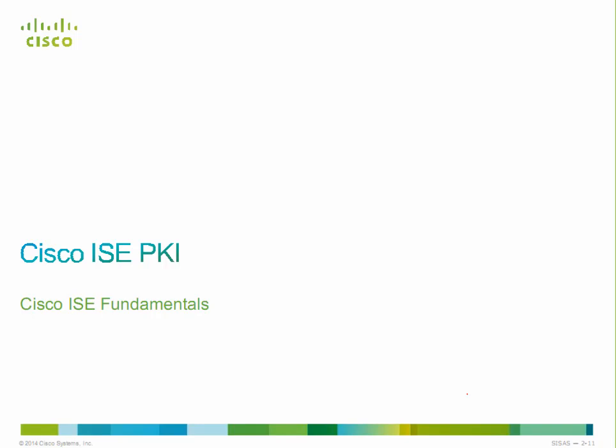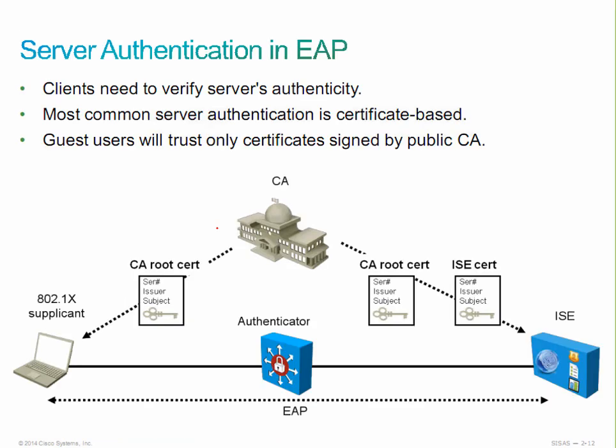We know that the Cisco ISE platform relies on what we call the public key infrastructure to provide secure communication. But what is that secure communication used for? Well, clearly it's used for HTTPS communication between, say, your client browser and the management server in the environment.